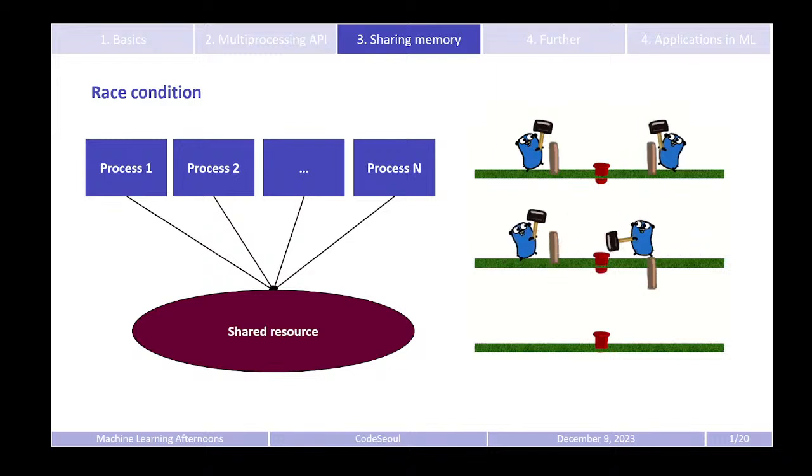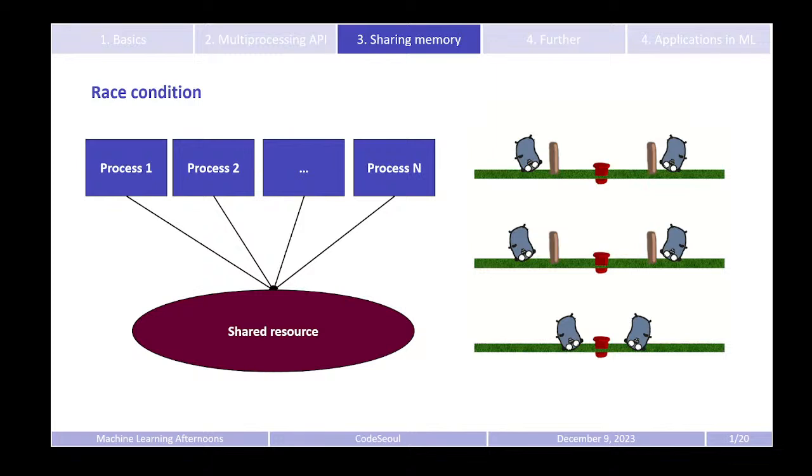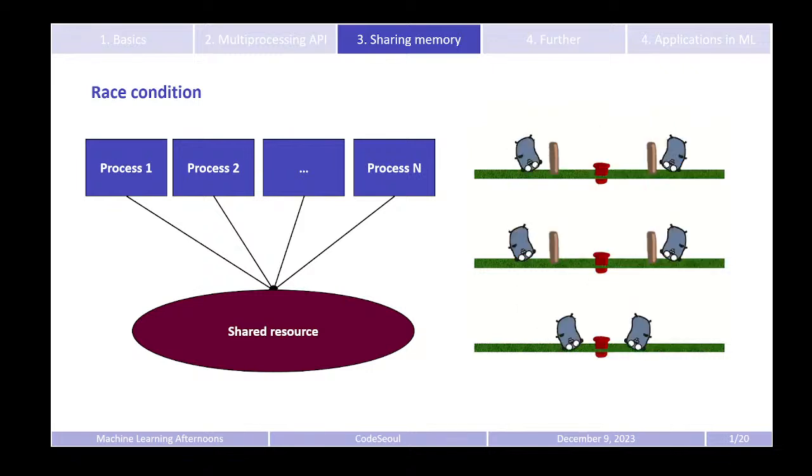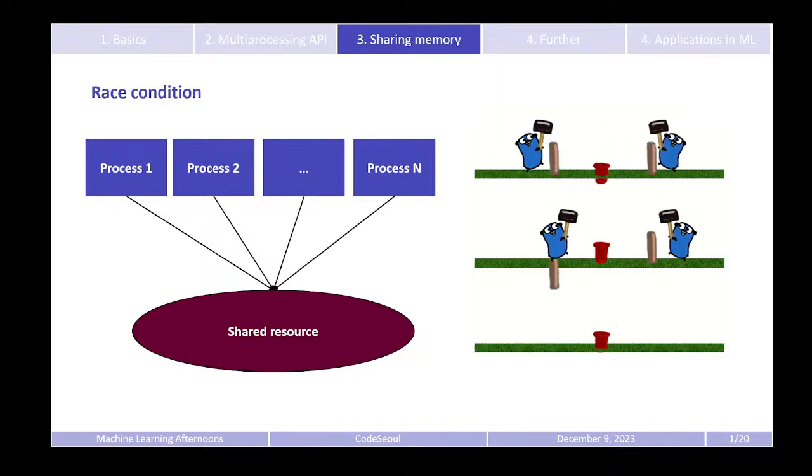But we want to have some kind of stability, and we also want to have access from every process to that shared resource. How can we do it? This GIF basically illustrates an explosion in simple terms, if one process and a second process try to access the same thing.